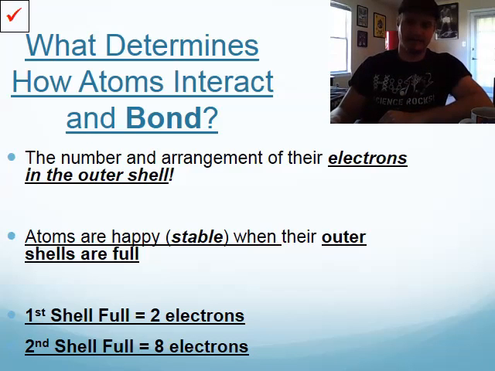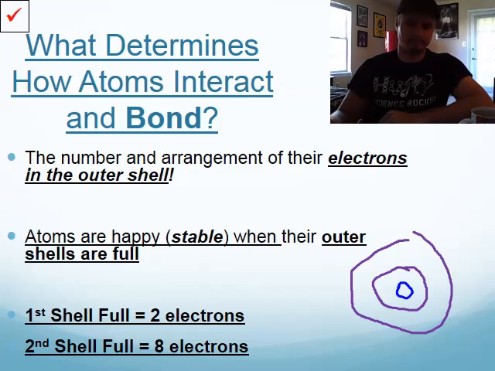So let's say we have our nucleus of the atom. Then we have our first shell. Then we have our second. So let's say these little red dots represent the electrons. In the first shell, we can hold 2.